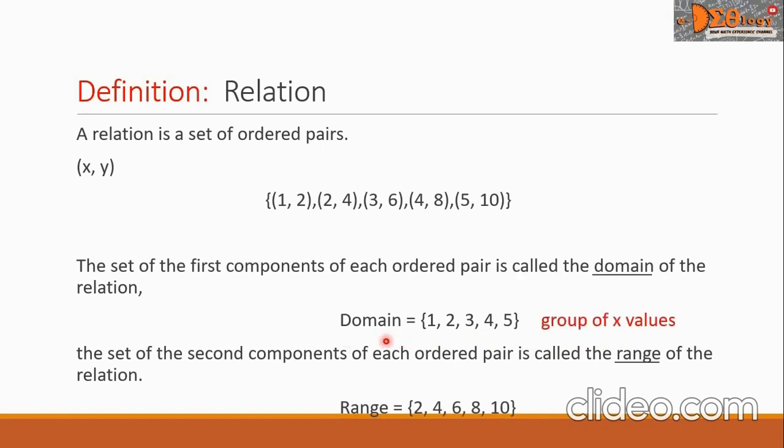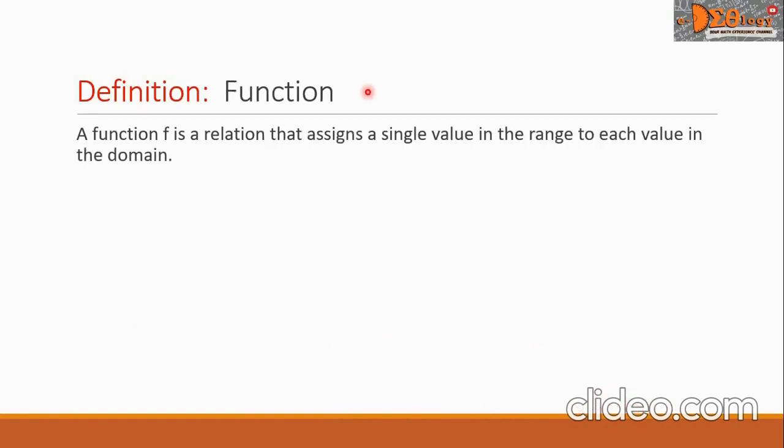We may say that the domain is the group of x values, while the range is the group of y values. Now let us define a function. A function f is a relation that assigns a single value in the range to each value in the domain.